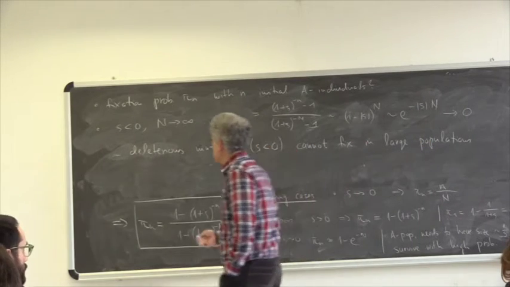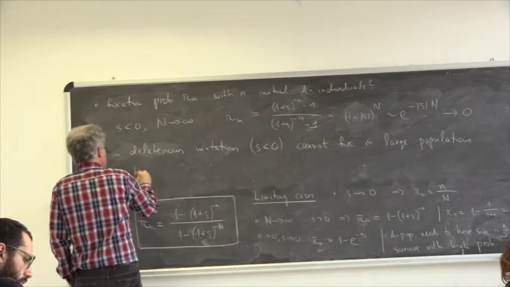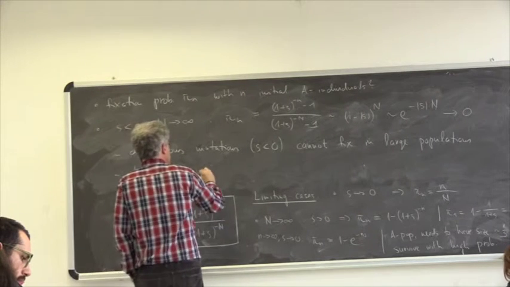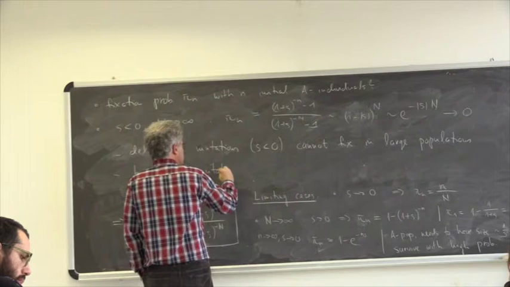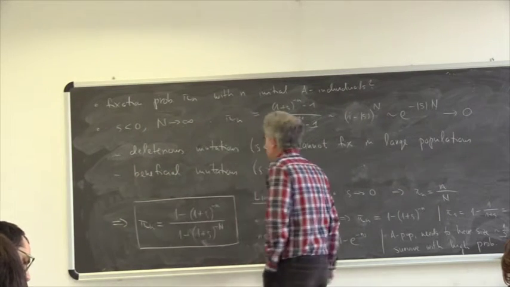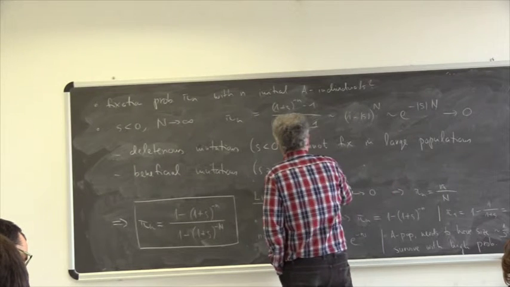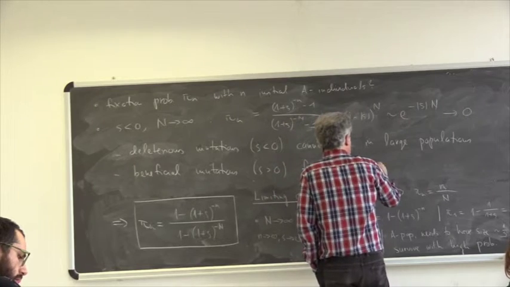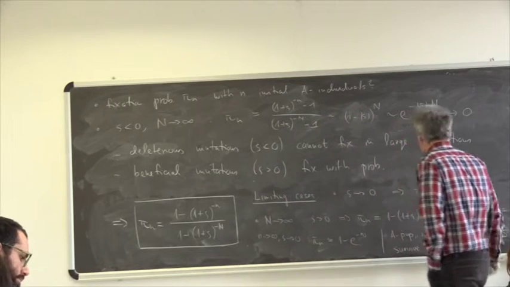And the other case that we discussed down here are called beneficial mutations. So beneficial mutations are those with s positive, and they fix with a probability that is proportional to s.